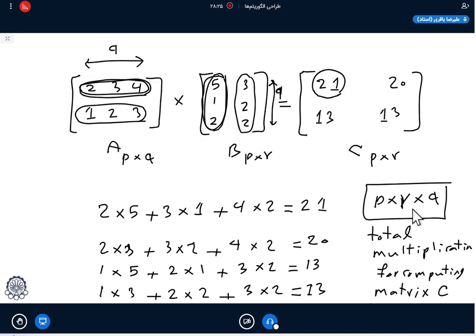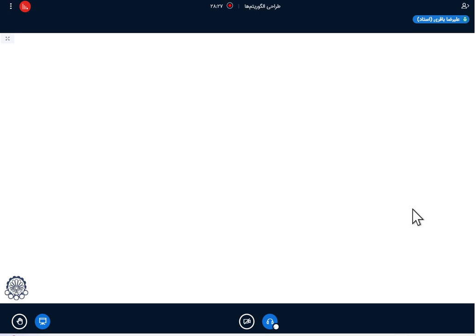If we consider two different parentheses and compute the number of multiplications that are done, we notice that the number of multiplications is affected by the parentheses.